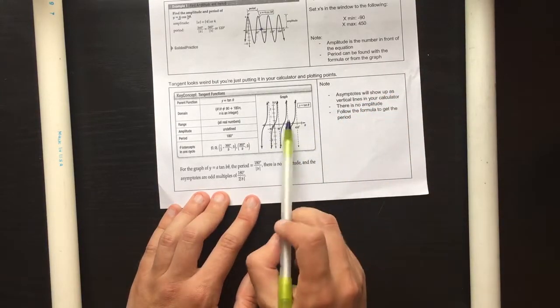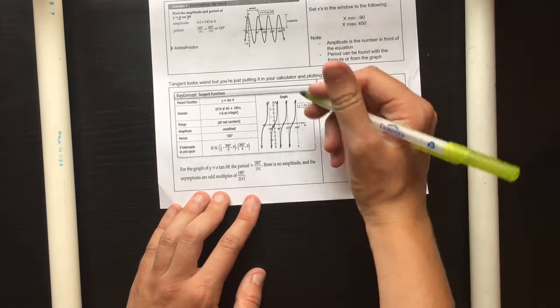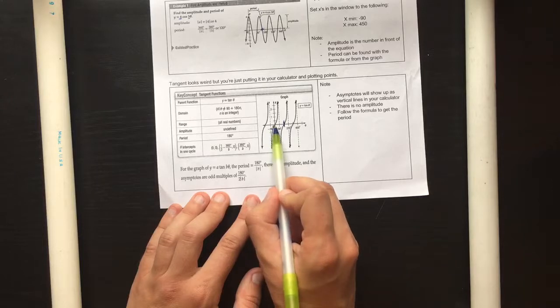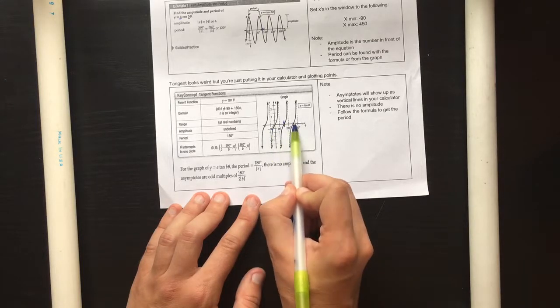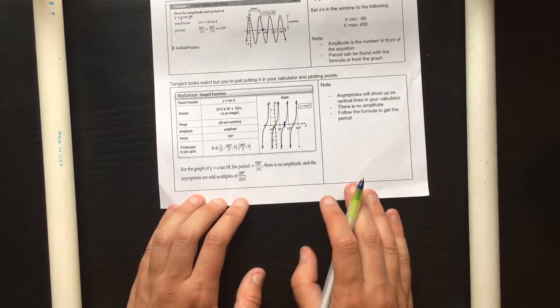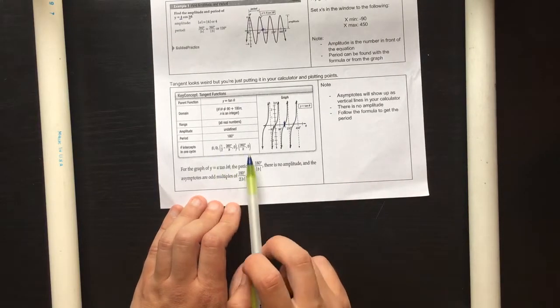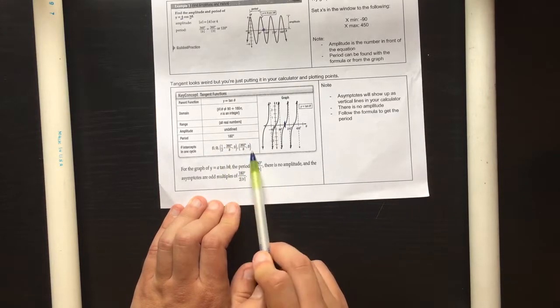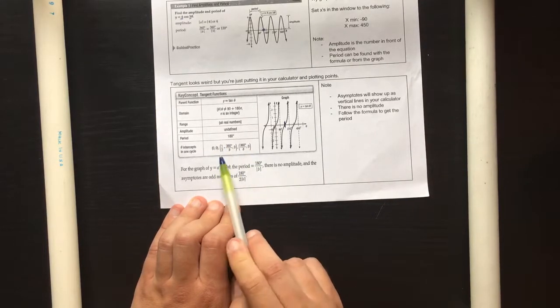And the period is 180 degrees, so that would be right here, and that's where a new part of the function starts. Right, and here it says theta intercepts in 1 cycle. So that is also very important if you are graphing tangent by hand.